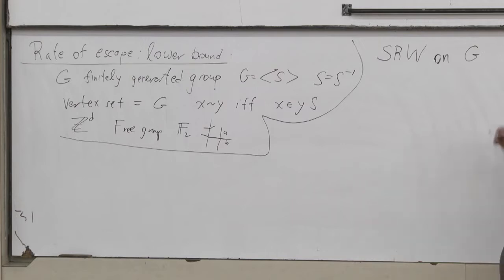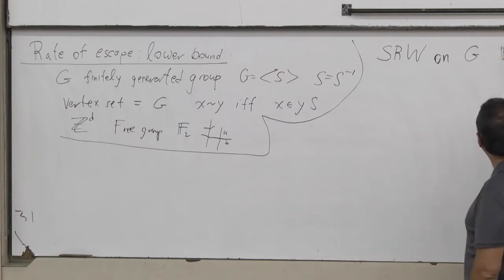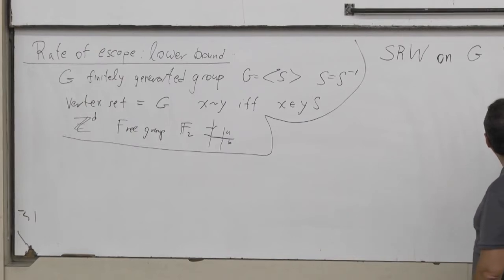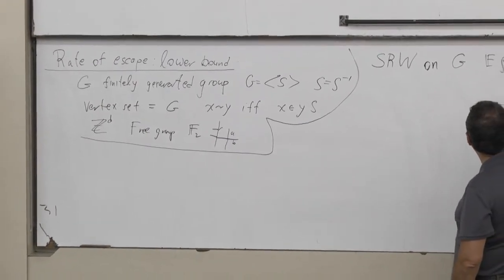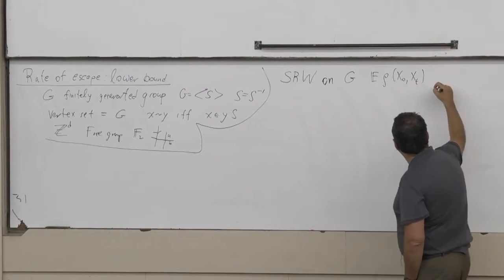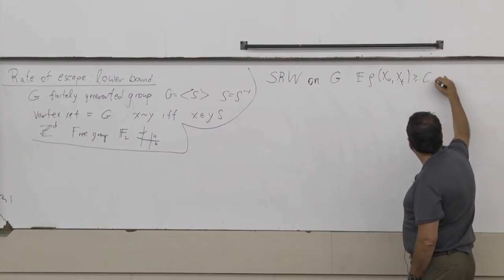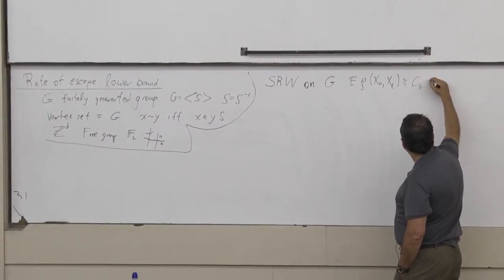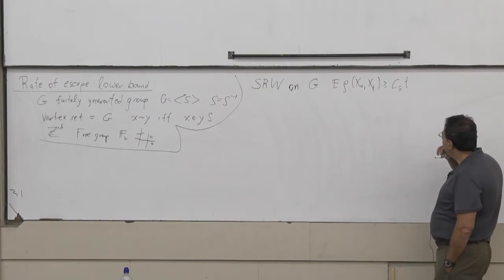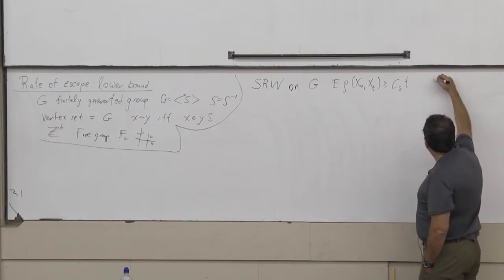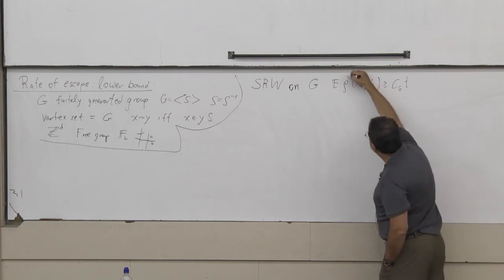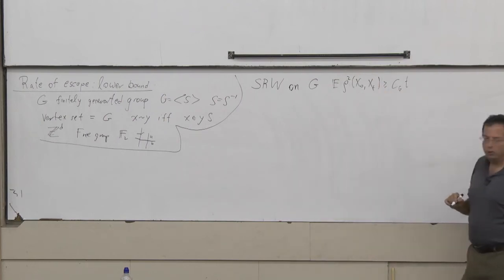And the basic type of theorem I want to show is that the expected distance, so I'm going to use rho today for the distance between x0 and xt, is going to be bigger than some constant, I will be more precise, times t. And so we want to prove a statement about the distance squared growing linearly.